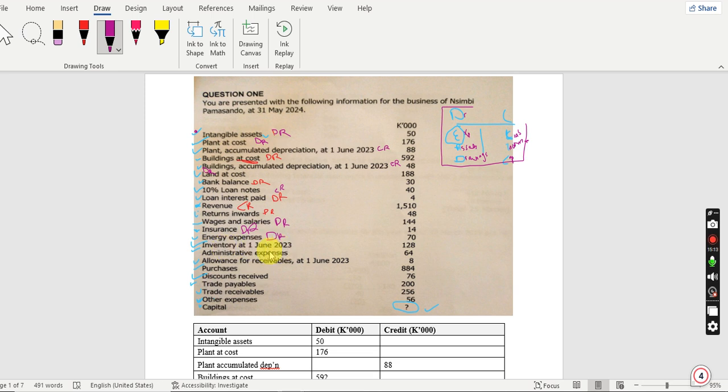Inventory at 1st June 2023. Debit. That is correct.